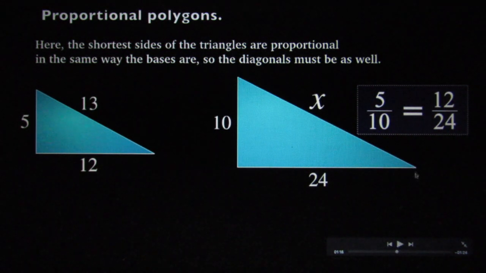So this is how that is set up. I can take the shortest side over the shortest side, and that's definitely going to equal the second longest side to the second longest side of the other shape. So that's the easiest way for me to get kids to set this up. Short side over short side, next longest side over next longest side would be one way to set it up.